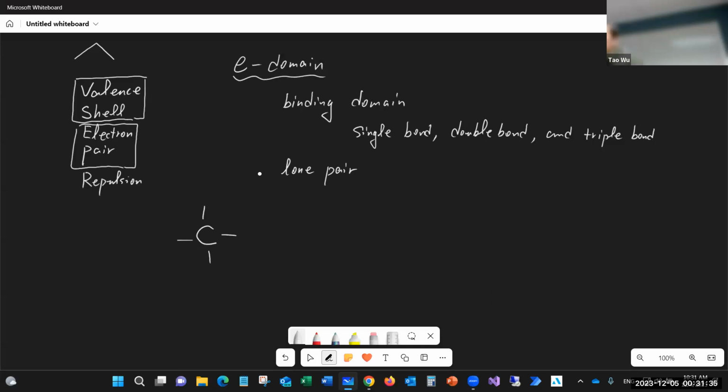Okay, but if this carbon has 1 double bond and 2 single bonds, then it's going to have 3 electron domains instead of 4. Because single bonds, double bonds, and triple bonds all count as 1 electron domain. So if it has 3 electron domains, what is the geometry?